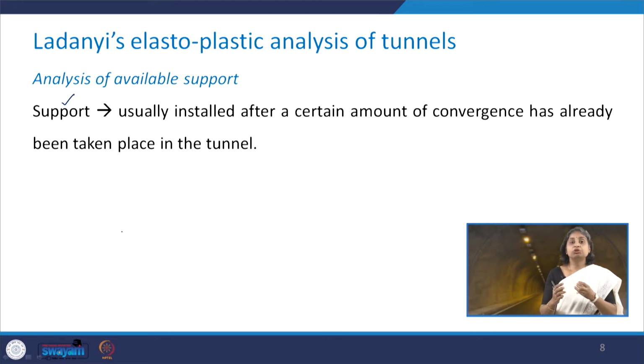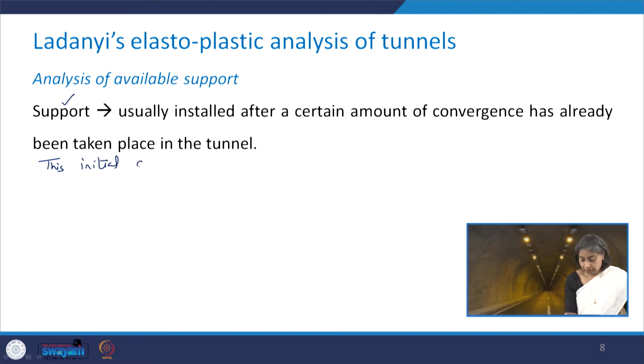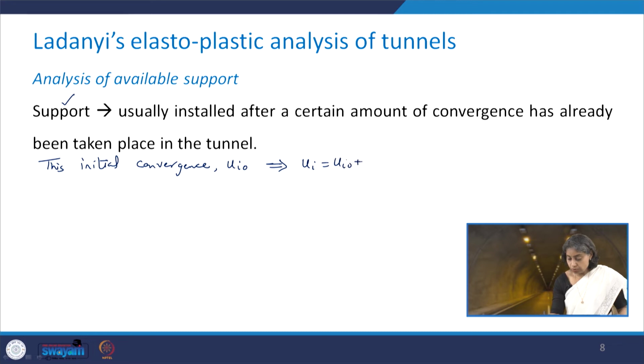Therefore, usually a certain amount of convergence is allowed before the installation of the support system. This initial convergence, which I am denoting by Uio, so that Ui will be equal to Uio plus Uie.